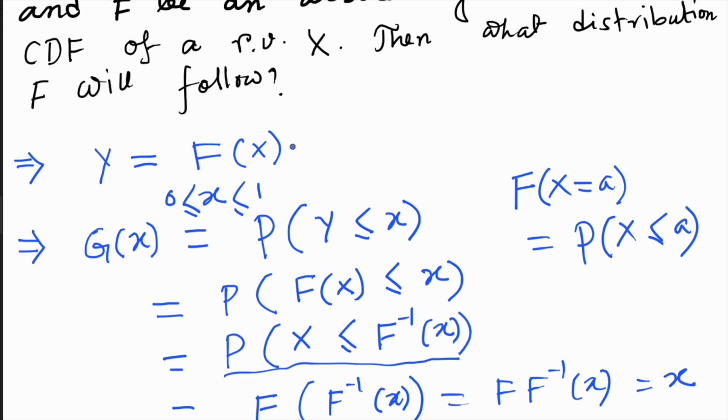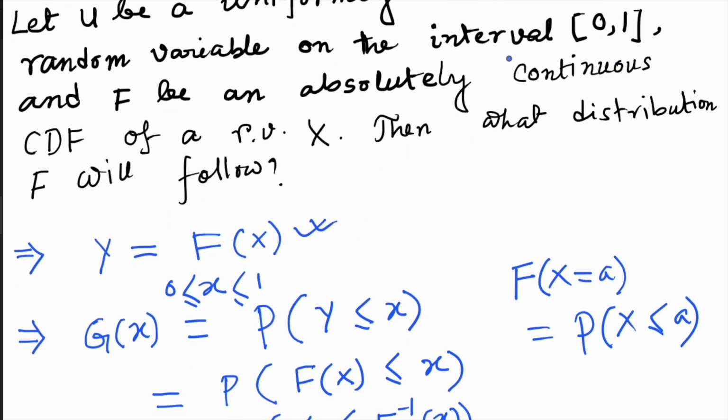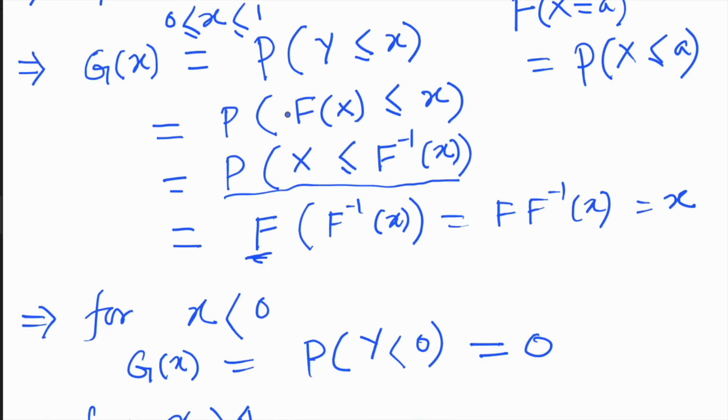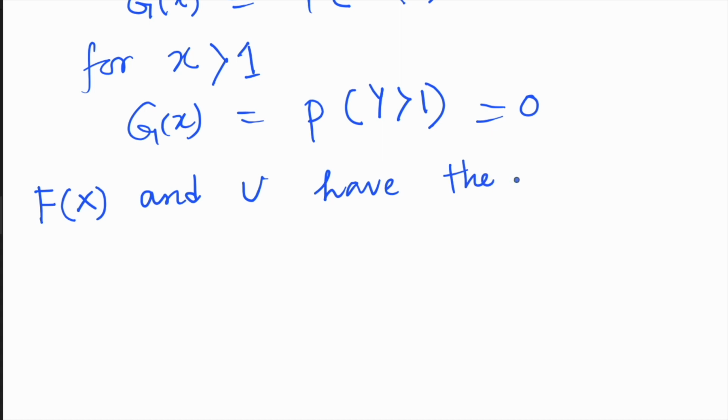So F(X) follows a uniform distribution, whose values lie in the interval 0 to 1. So the result is that F(X) and U have the same distribution.